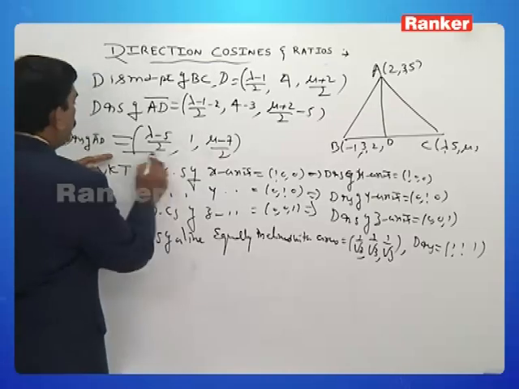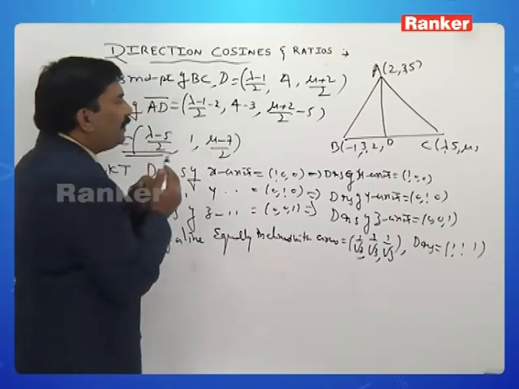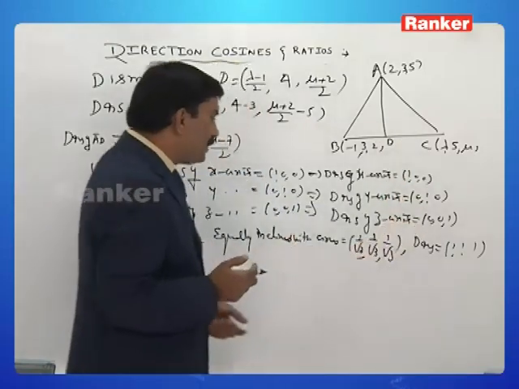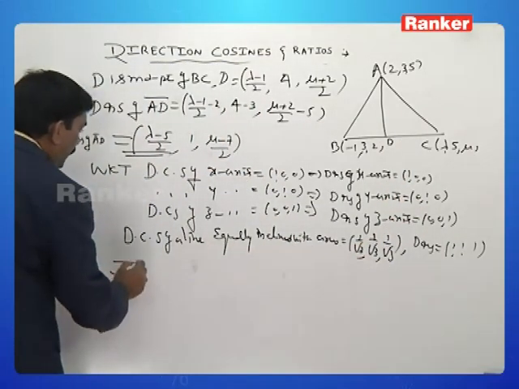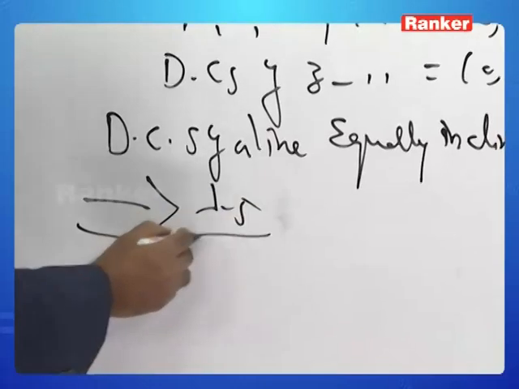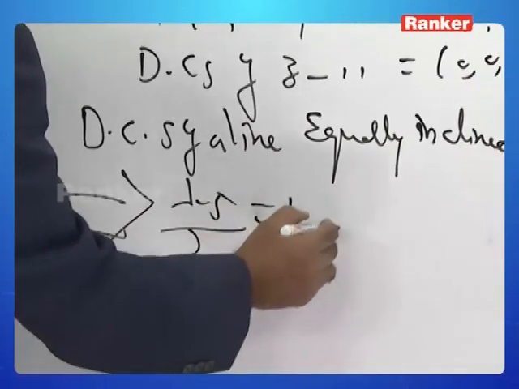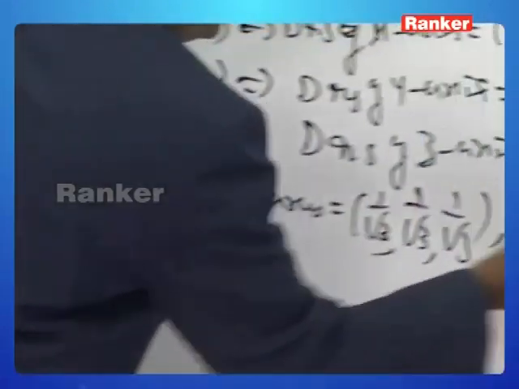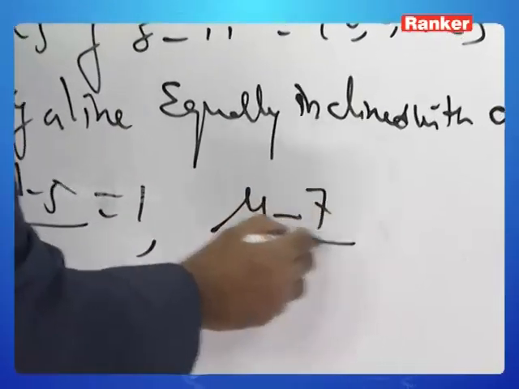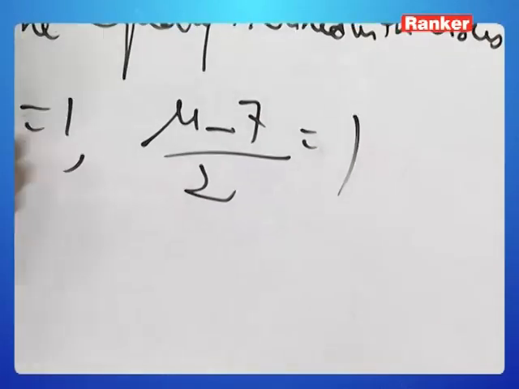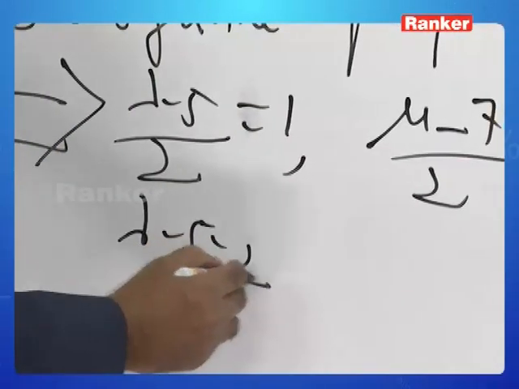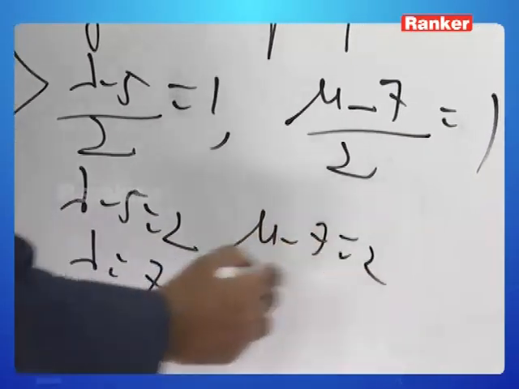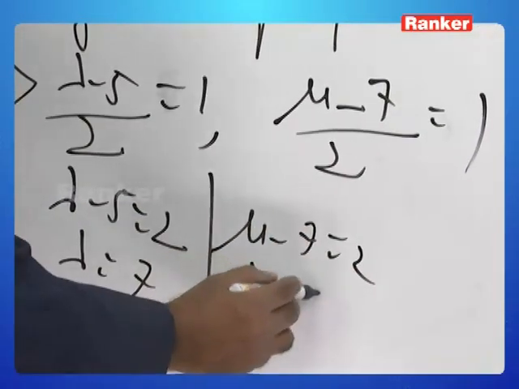So therefore this is equally inclined with the axes, which implies I can write lambda minus 5 by 2 is equal to 1. Next, mu minus 7 by 2 is equal to 1. Take the LCM: lambda minus 5 is 2, therefore lambda is equal to 7. Mu minus 7 is equal to 2, therefore mu is equal to 9.